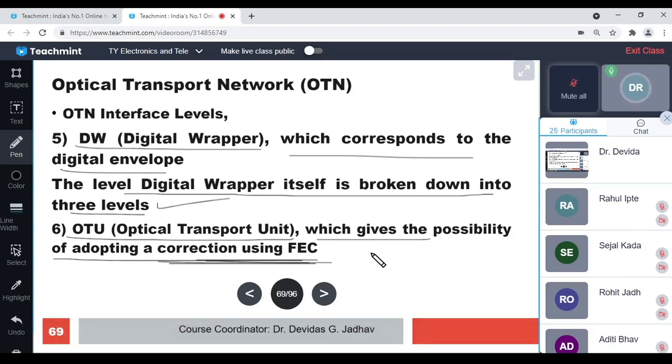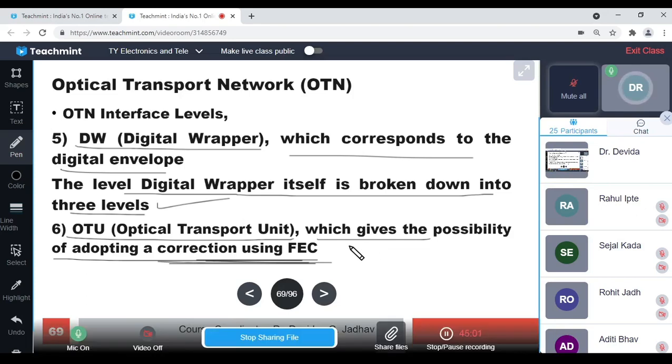Forward error correction can be integrated and applied in the protocols at the level of the OTU, optical transport unit. So if FEC is employed, then correction is possible with the help of FEC.